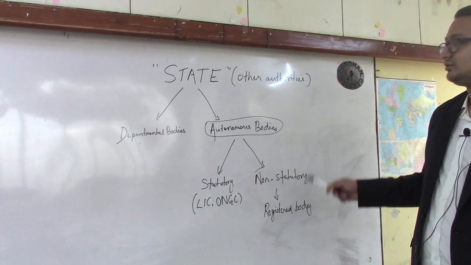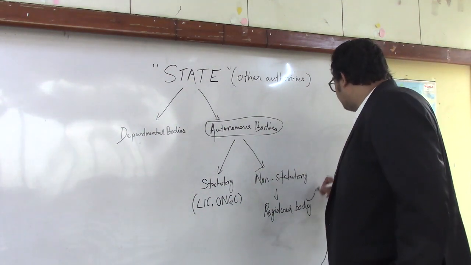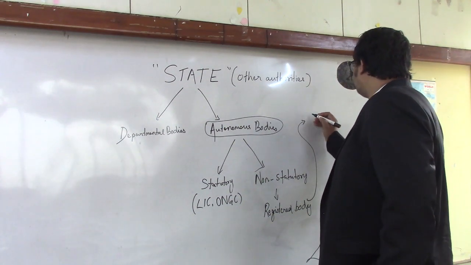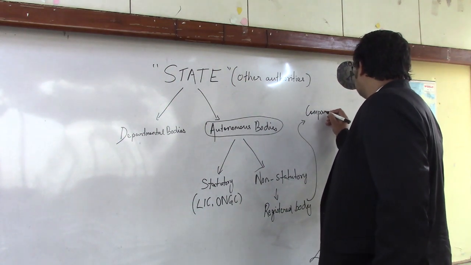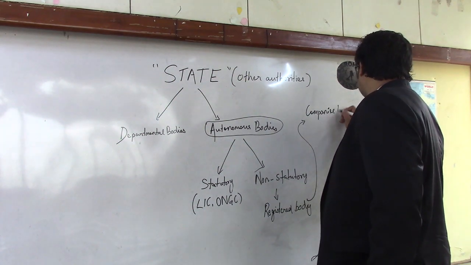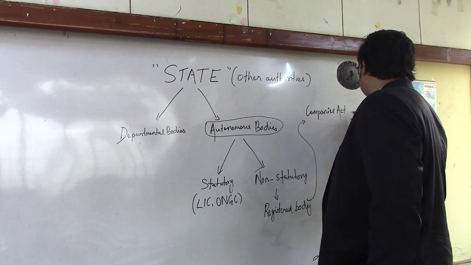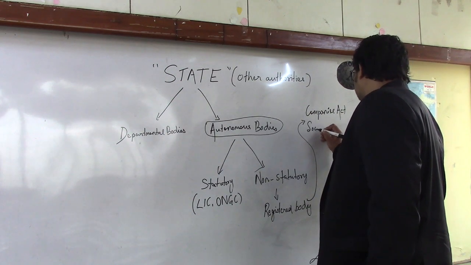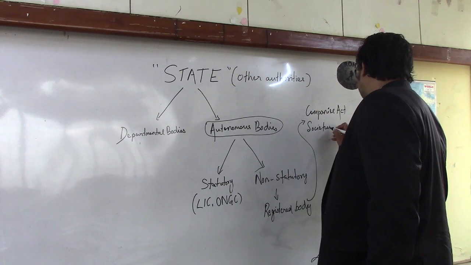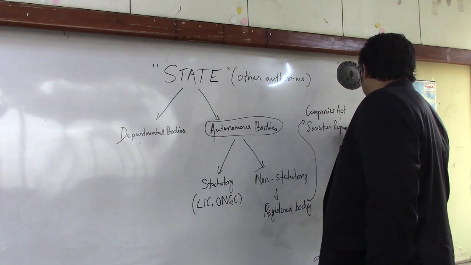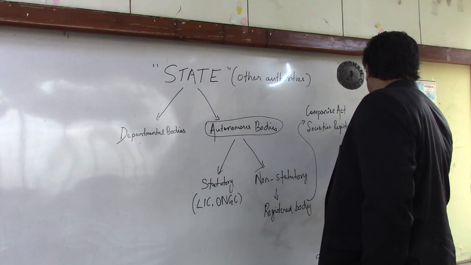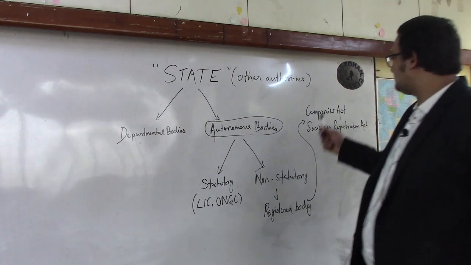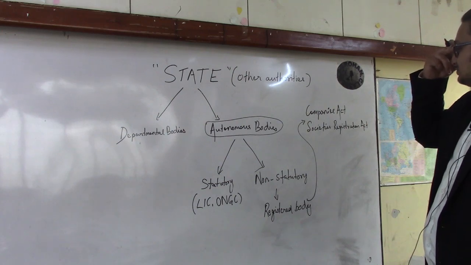An example of a registered body could be something that is registered under your Companies Act. Any government company may be registered under a Companies Act, or your Societies Registration Act. Okay, Companies Act or Societies Registration Act.